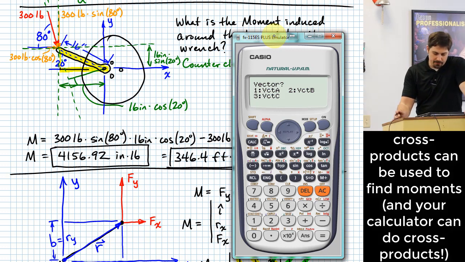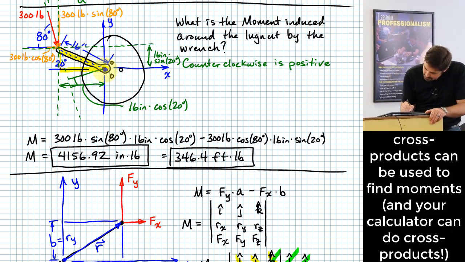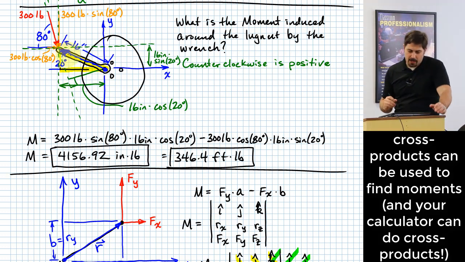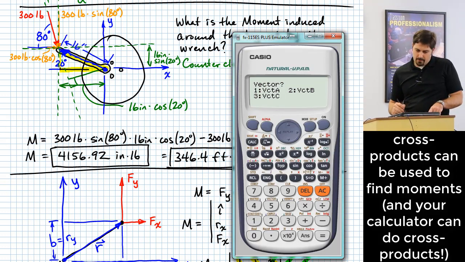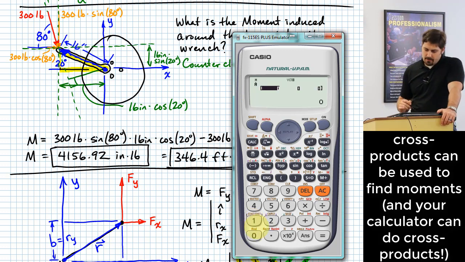What we're doing is describing a vector that starts here and goes up here. How do I describe that vector in terms of components? Okay, I'll type 1. I want it to be a 3-element vector, so I'll select 1 there.